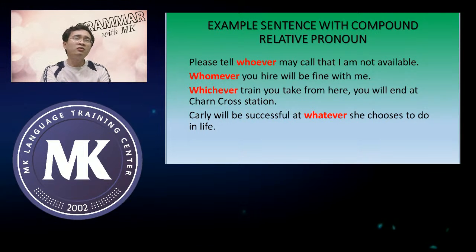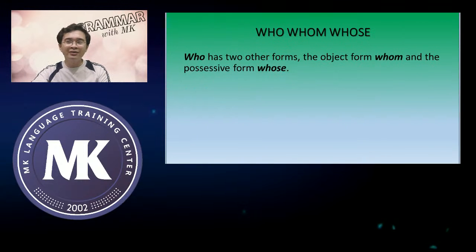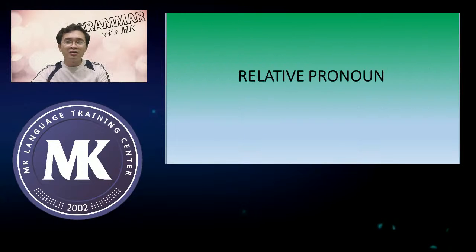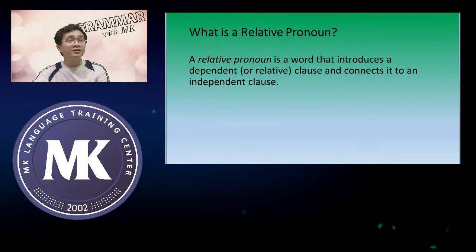Okay, so I think that is for compound relative pronouns. Let's have a short summary before we end our lesson. Again, a relative pronoun is a word that introduces a dependent or relative clause and connects it to an independent clause.